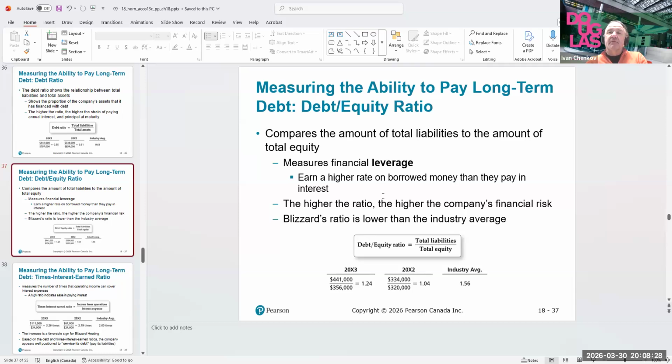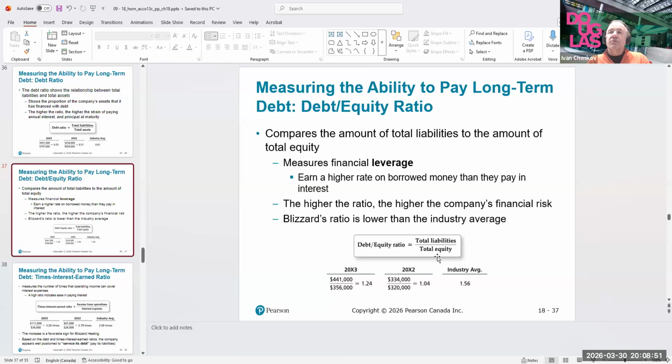Here is the leverage. Leverage is total liability divided by total equity. So basically, we're chasing how we're doing on that ratio. Why is the debt ratio not total asset divided by total liability?